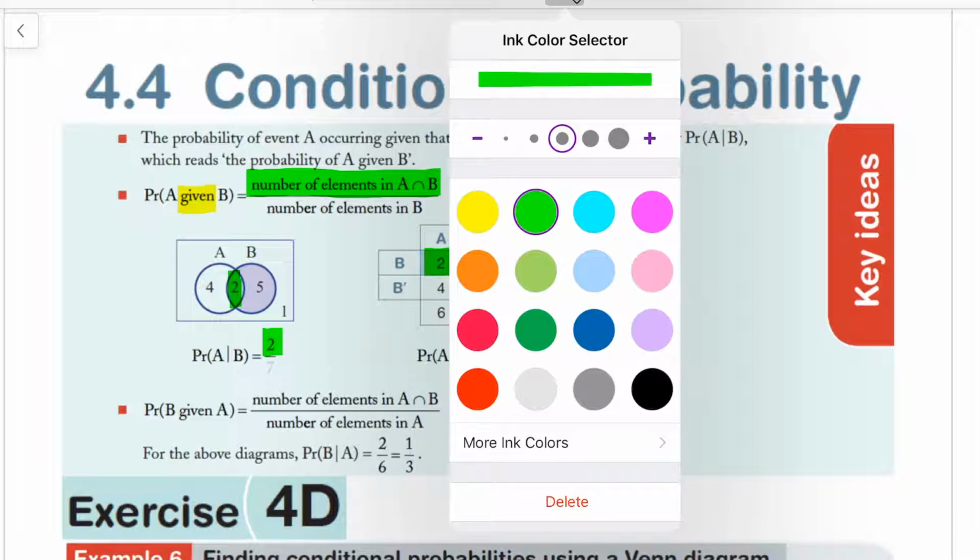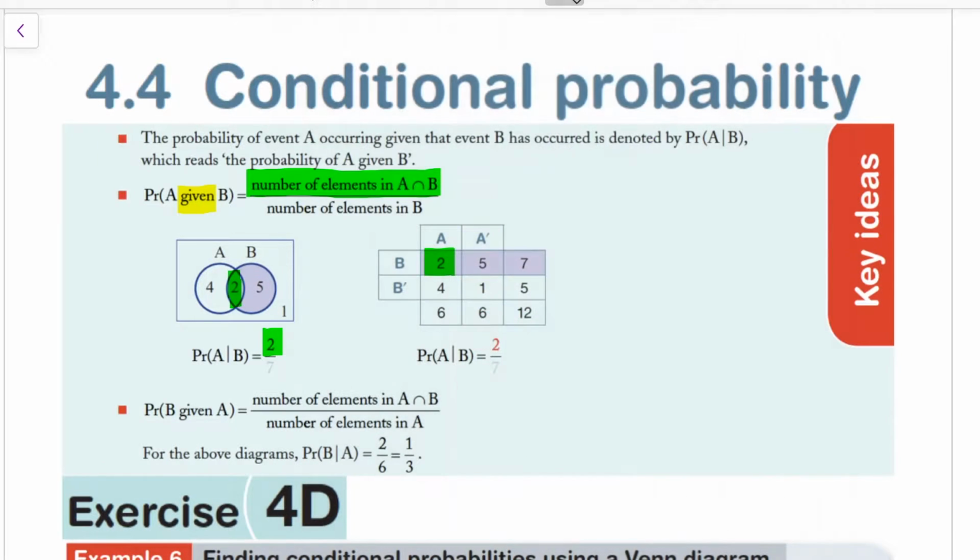Then they're asking us, given B. So then it's the number of elements that are in B. That is including the 2 and the 5. So 2 plus 5 gets us that total of 7. If you're going to use a two-way table, as you can see, it's the total for B, so it's the 2 plus the 5.